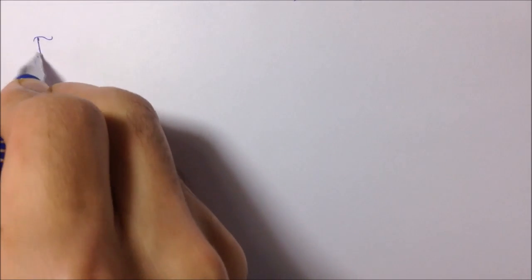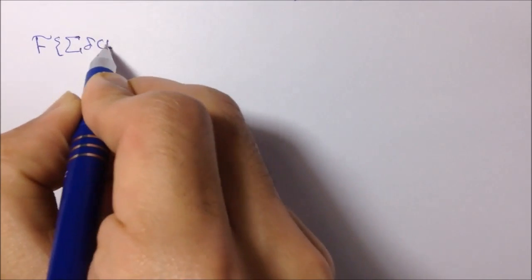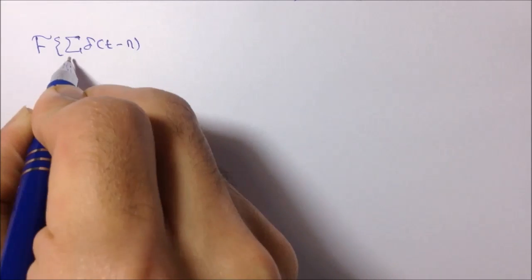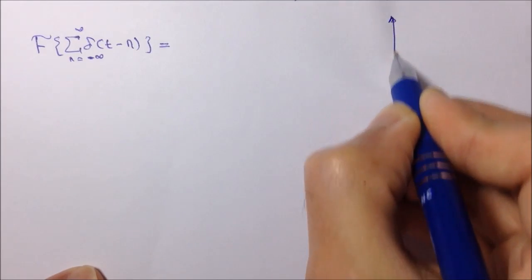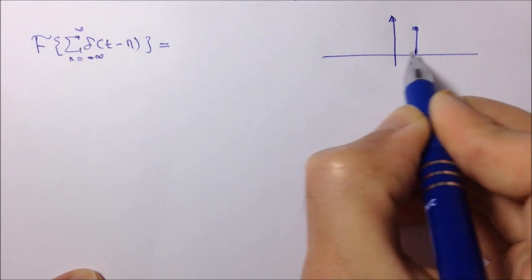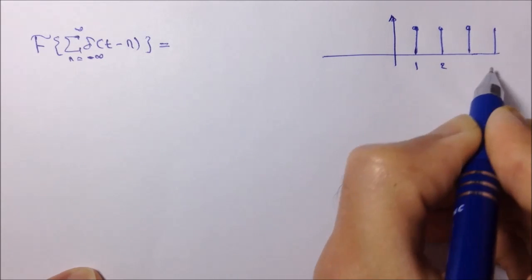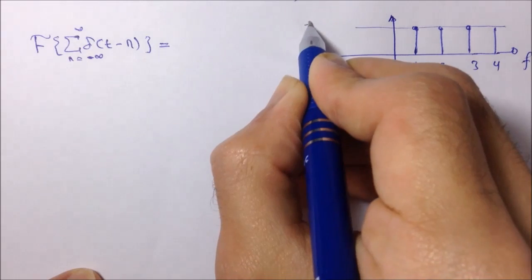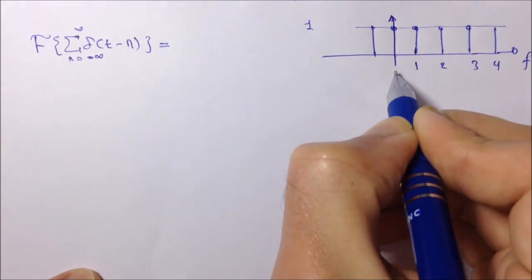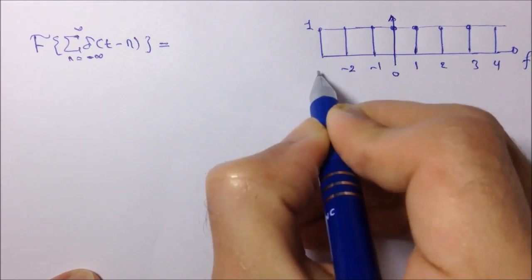So to summarize this, we got the Fourier transform of the sampling train, summation delta of t minus n from n equal minus infinity to plus infinity, is simply this spectrum: 1 Hertz, 2 Hertz, 3 Hertz, and 4 Hertz, with all having a magnitude of 1, even at 0 Hertz, and minus 1, minus 2, minus 3, and so on.